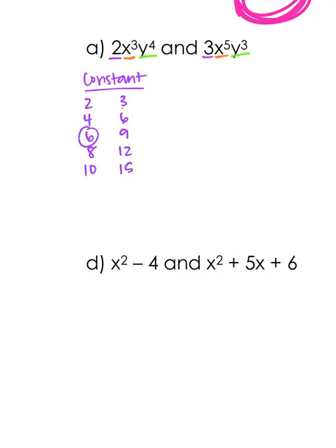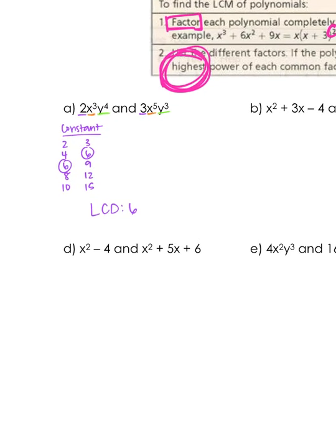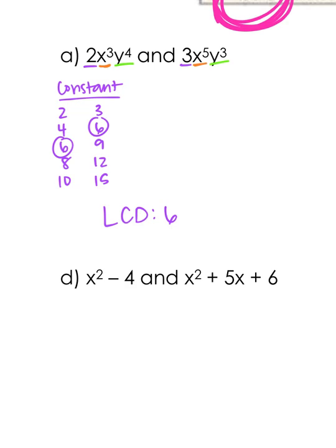And I can see that the first number that they have in common is 6. So my least common denominator here is going to start off with 6. Then I'm going to look at my x's. Now, we said that we're going to look at the highest power. So of these two, x to the 5th is the highest power. So that automatically becomes part of my answer. The same thing for y. I've got y to the 4th and y to the 3rd. Well, y to the 4th is the greatest power. So that automatically becomes part of my answer.